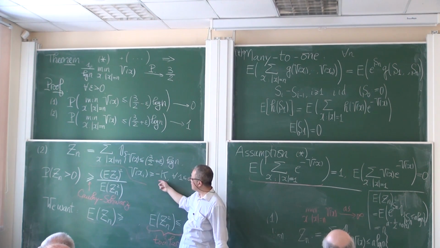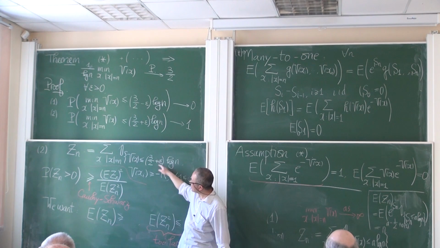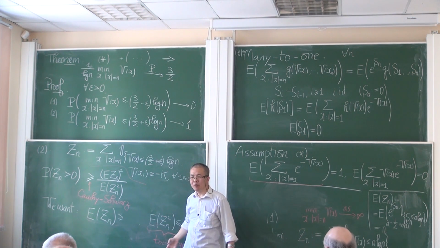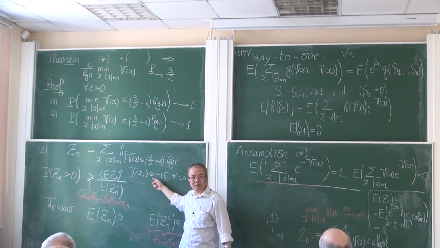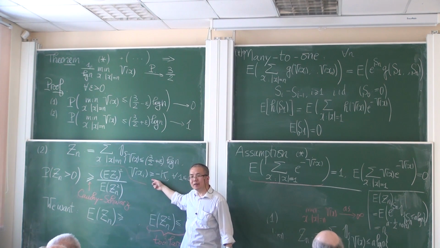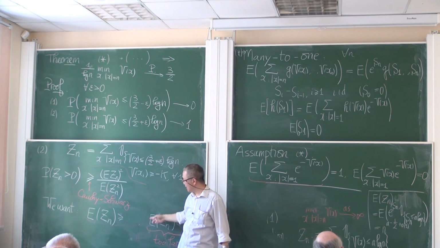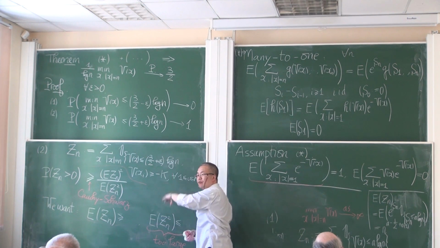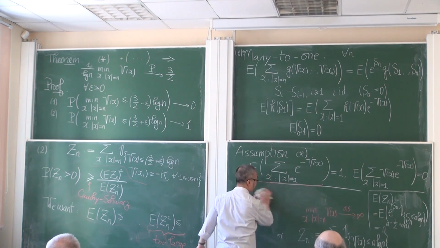But somehow some events, or part of the event, give you big values of the second moment. The event is of very small probability. It doesn't give you much weight to the first moment, but suddenly they give you a lot of weight to the second moment. So we need to remove these useless events.